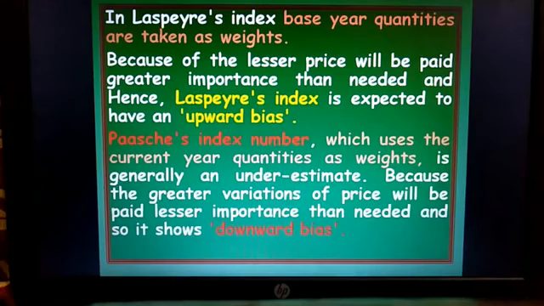Sometimes the question may be of true or false kind: Laspeyres index number shows upward bias, true or false. Like this, in many more ways these concepts may be involved in 1 mark and 2 mark questions, but they are very important concepts. Try to concentrate and learn properly, students. Be very careful with all these 1 mark and 2 mark questions particularly.